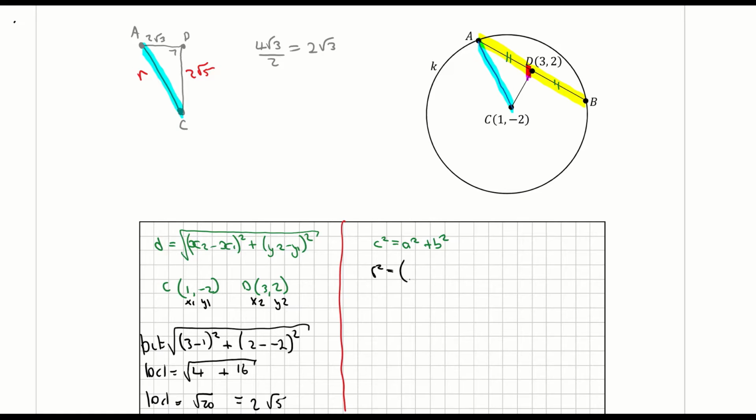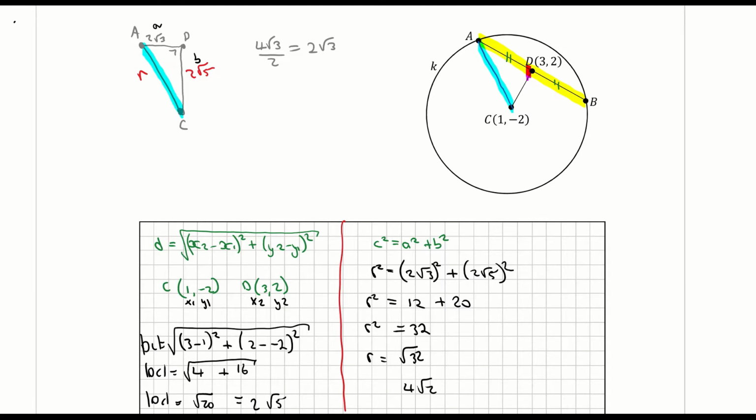My A and my B are the other two sides, so it doesn't matter which is your A, which is your B. I'm calling the distance from A to D my A, so that's 2 root 3 all to be squared plus 2 root 5 all to be squared. So that's getting me a radius squared of 4 times 3, which is 12, plus 4 times 5, which is 20, which is 32. So R is going to be the square root of 32, which is 4 root 2.